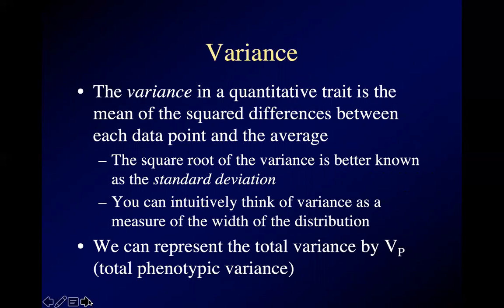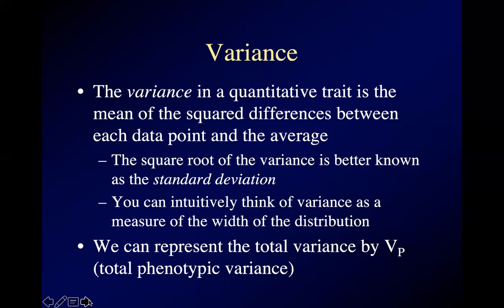So I could calculate this class's average height. I could calculate the difference between each individual's height and the average. You know, one of you might be 2 inches taller and one of you might be 3 inches shorter and one of you might be 4 inches taller. So I can take all of those differences, square them, and then take the mean of those and I'd have the variance.